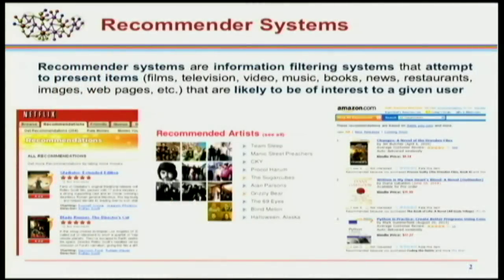Many of you are probably already familiar with the idea of recommender systems, which have become more prevalent in the past few years. Basically, recommender systems are designed to do information filtering for users. There's lots and lots of information out there, information overload for most users. So people need intelligent tools that help them find things they are particularly interested in.